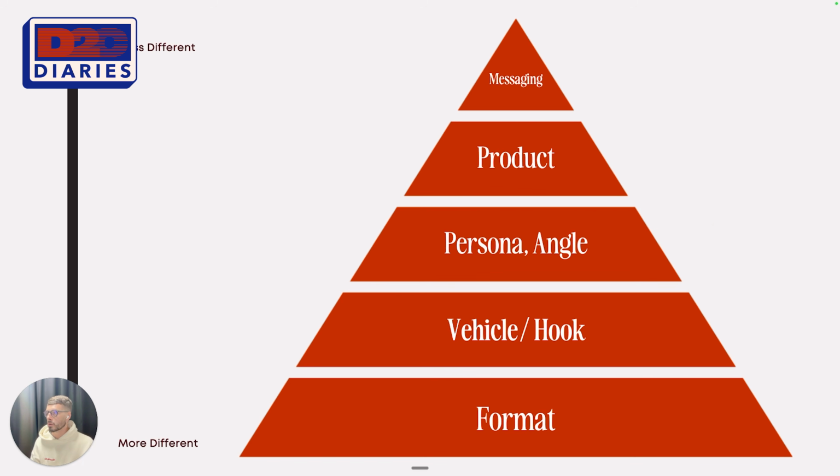The next is persona and angle, which I think actually all three of these are the most important areas. Because if we're changing format or vehicle, we should also be diversifying and testing how we are more intricate about our persona-based research to ensure that we are differentiating personas as much as possible.